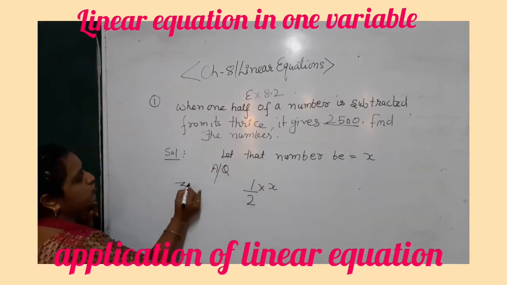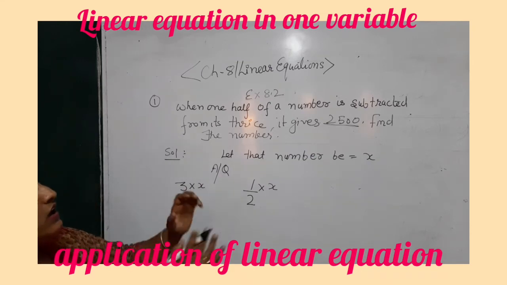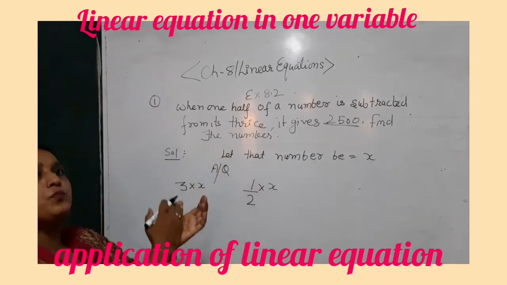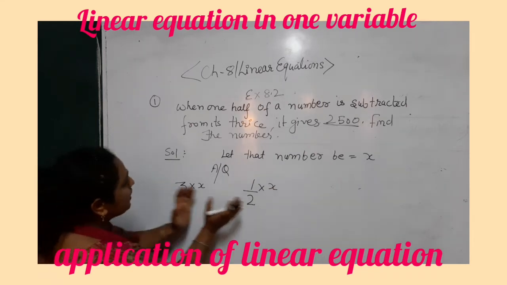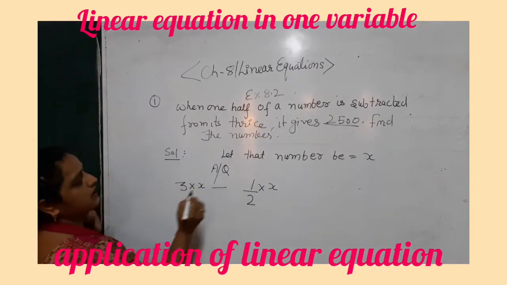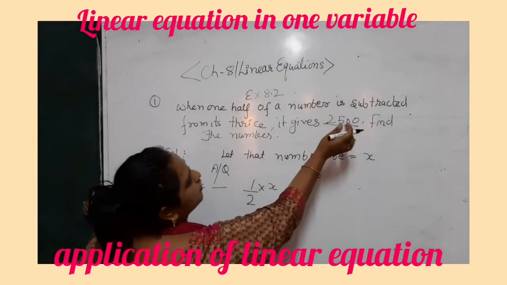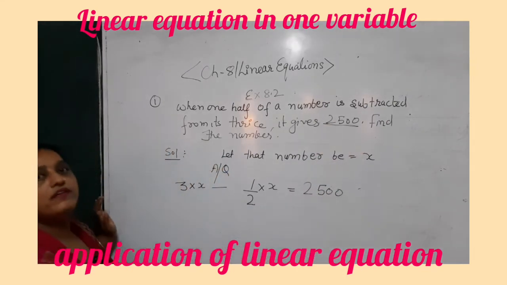Thrice means you have to multiply that number x by 3. We have to make it thrice, multiply it by 3, and subtract half of that number from this thrice of that number. It will give 2500. It becomes an equation.